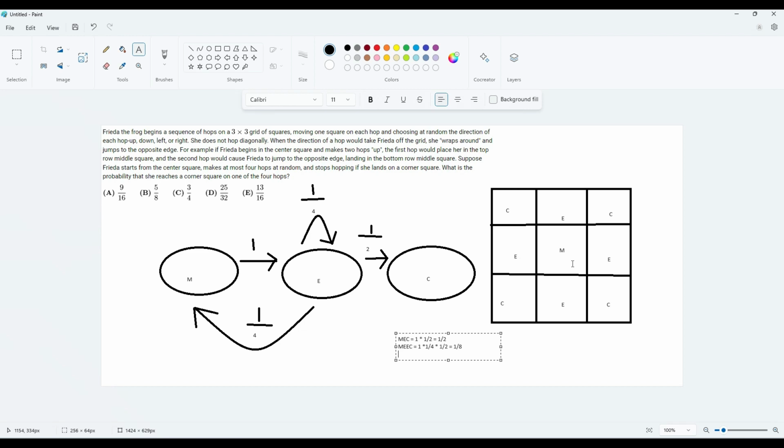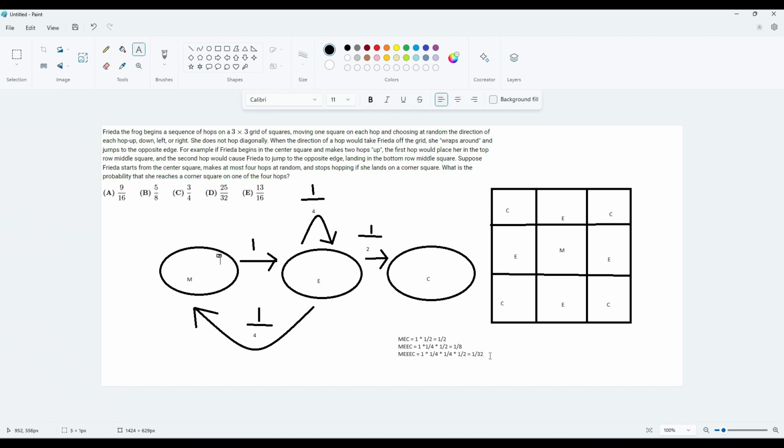In that case, we multiply by another 1/4. Let's write that out real quick. MEEEC. This would be equal to 1 times 1/4 times 1/4 times, finally, 1 over 2. And that would be equal to 1 over 32.